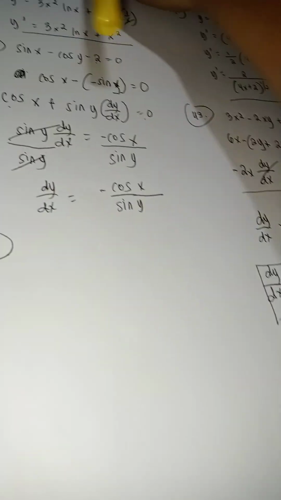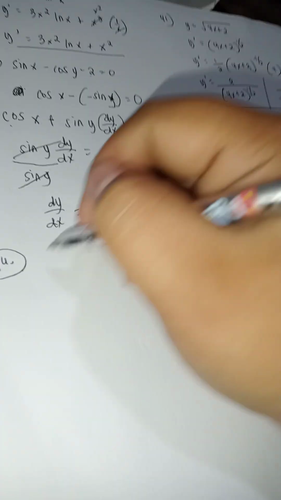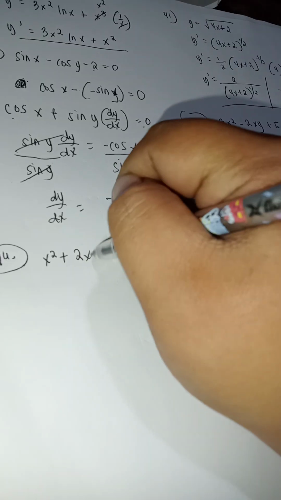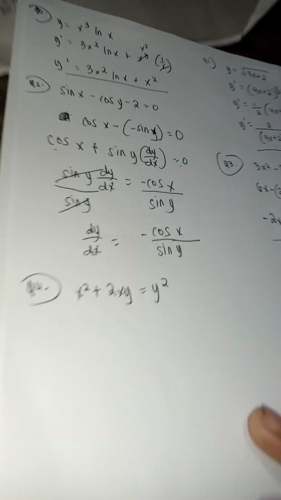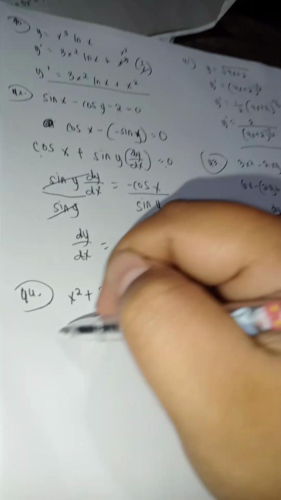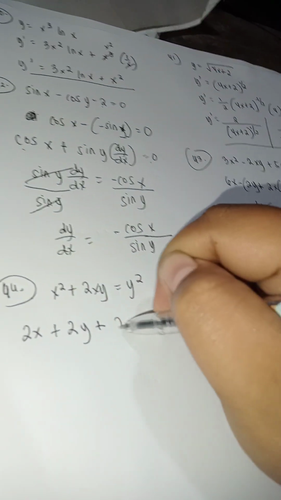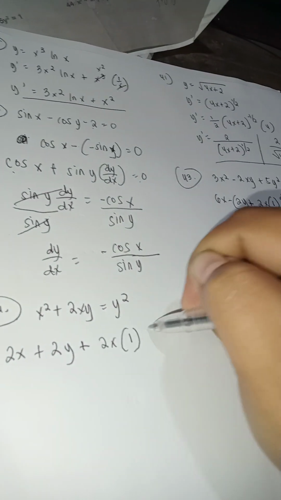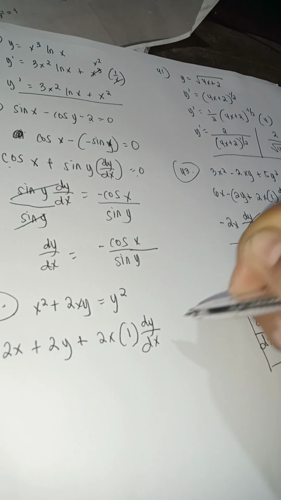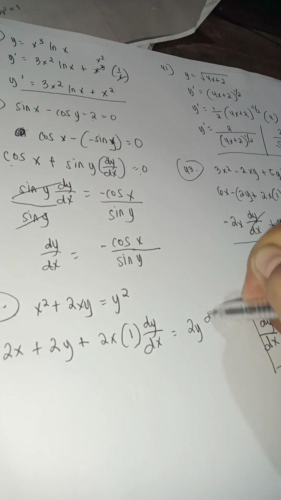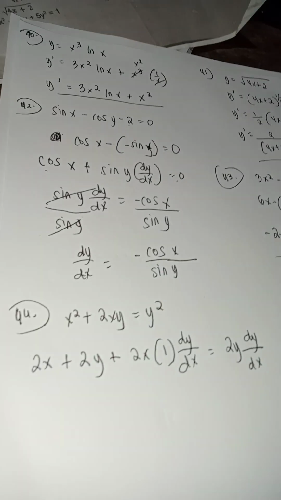Number 44. X squared plus 2xy is equal to y squared. So get first its derivative: x squared gives 2x plus 2y plus 2 times y dy over dx is equal to 2y dy over dx.